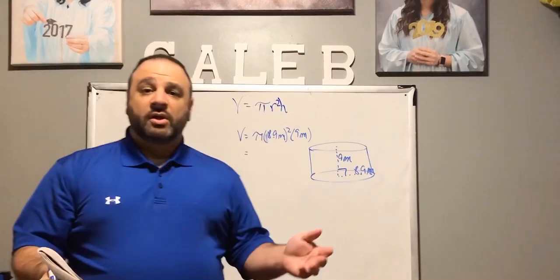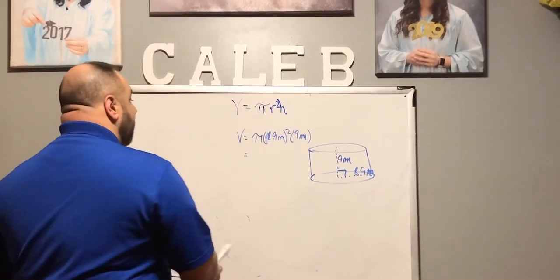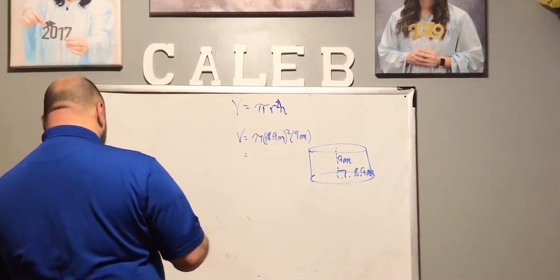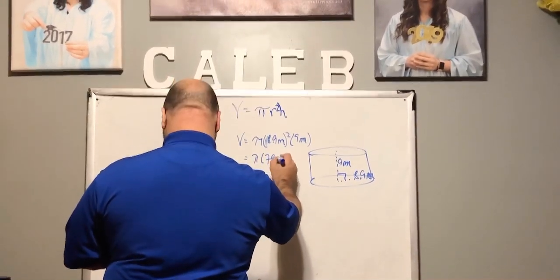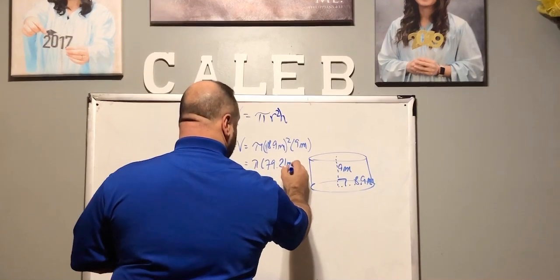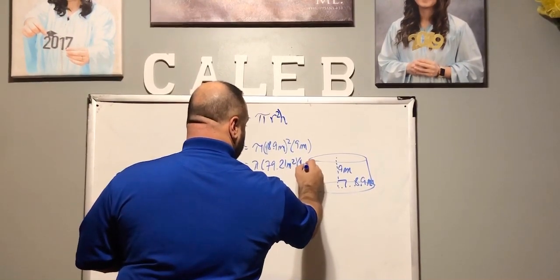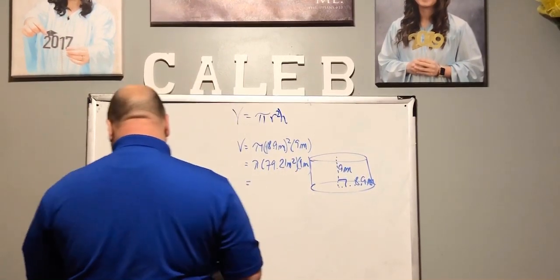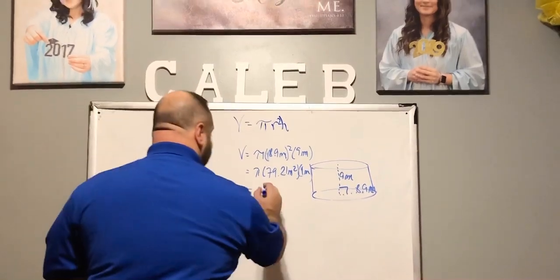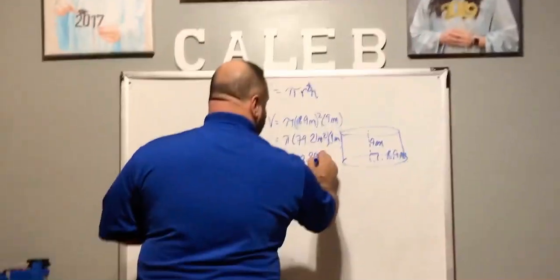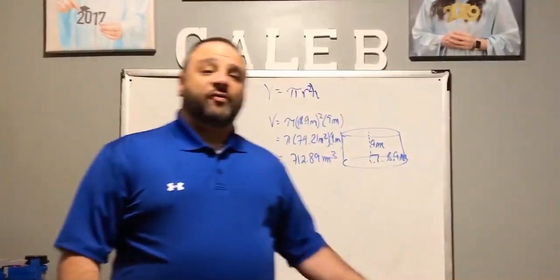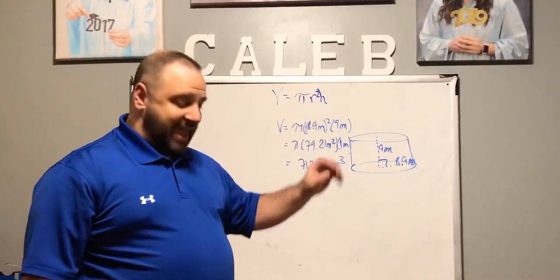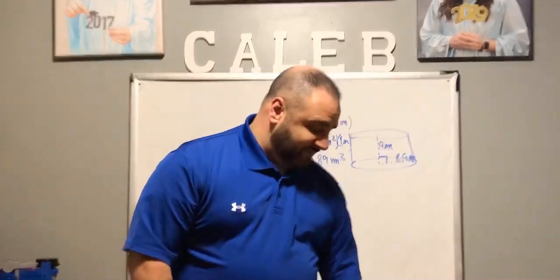Okay, class, your answer should be 8.9 squared times 9, and your final answer should be 712.89 pi meters cubed. Real simple, following the formula for the volume of a cylinder, okay?